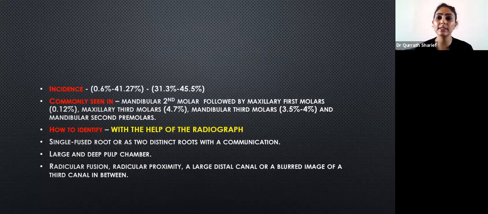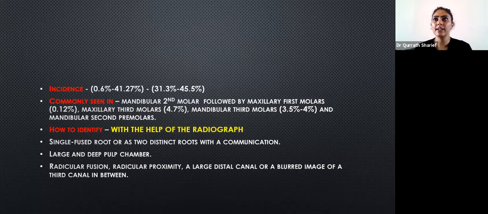Around 45% of mandibular second molars do have C-shaped canals. I've come across a lot of C-shaped canals, even in my PG and in my practice. C-shaped canals are also present in your maxillary second molars, mandibular third molars, mandibular premolars, and a few cases in the mandibular first molar as well.